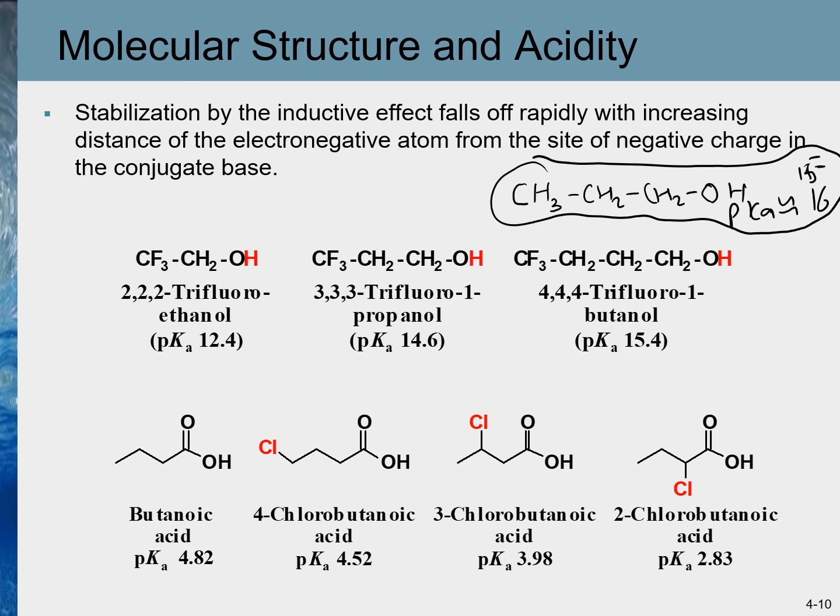So let's compare what effect fluorine brings to the acidity of these molecules. In the first case, where fluorine is right next to the OH group, the pKa value is 12. So that's a significant increase in acidity between alcohol without the fluorine and with the fluorine. So the inductive effect is playing a major role here.